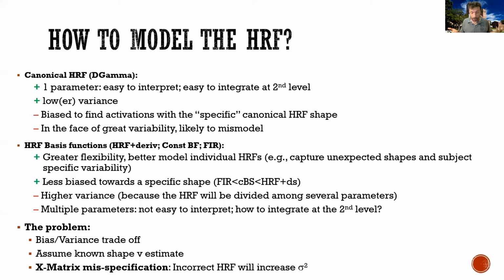Let's go in and see what somebody's brain HRF shape is. But that will also introduce a lot more variance. You're less biased, but it'll introduce much more variance. Either way, mismodeling people's HRF will increase the noise in your analysis and in your inference.